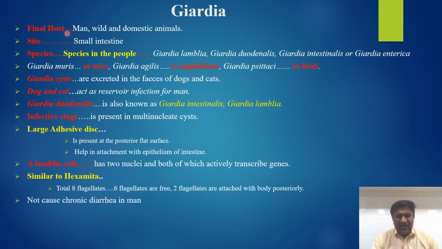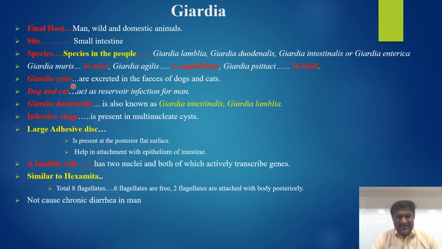For Giardia, the final hosts are man, wild and domestic animals, and the site is the small intestine. The species in people are Giardia lamblia, Giardia duodenalis, Giardia intestinalis, or Giardia enterica; Giardia muris in mice; Giardia agilis in amphibians; and Giardia psittaci in birds.